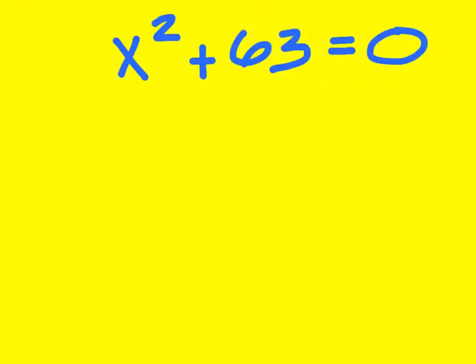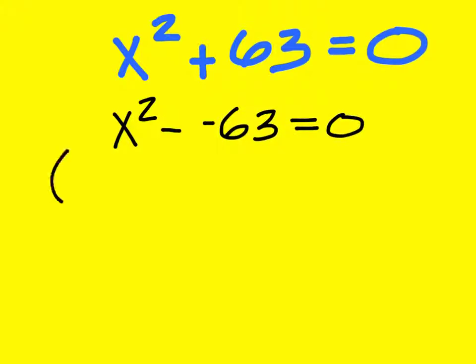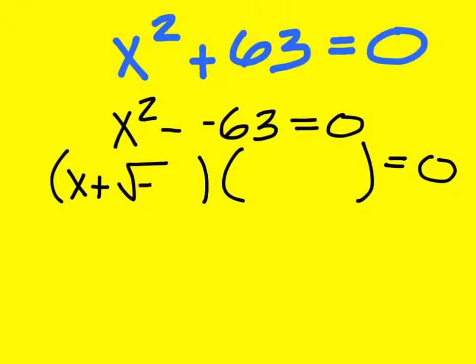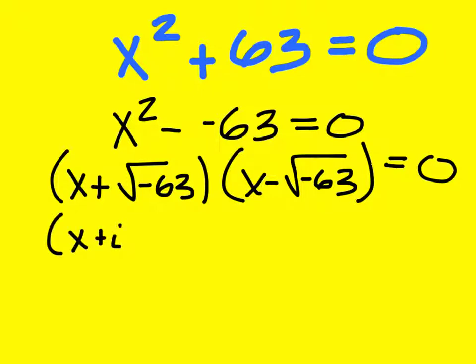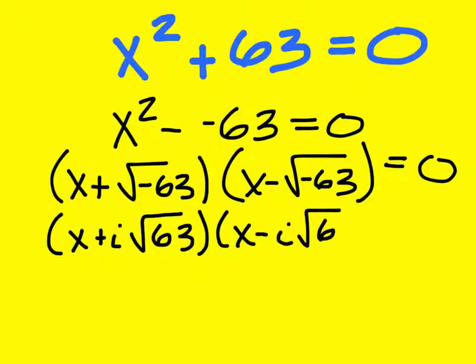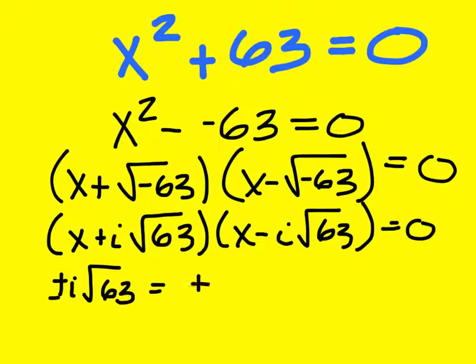For the practice problem, you should have x squared minus a negative 63 equals 0, and then split those up as x plus the square root of negative 63, x minus the square root of negative 63. Take out an i, and when you do that, you can go to your preliminary answer of plus or minus i square root of 63, but a 9 will come out of 63, and you'd have to multiply that by 7.